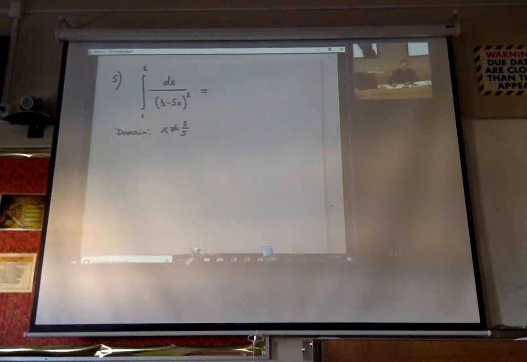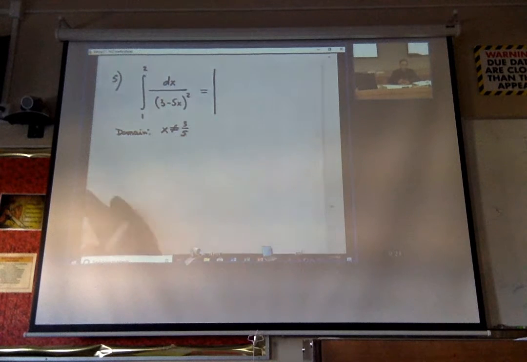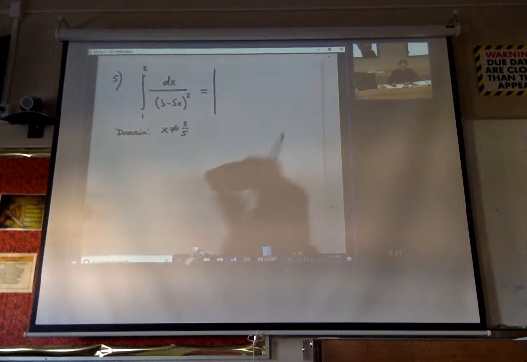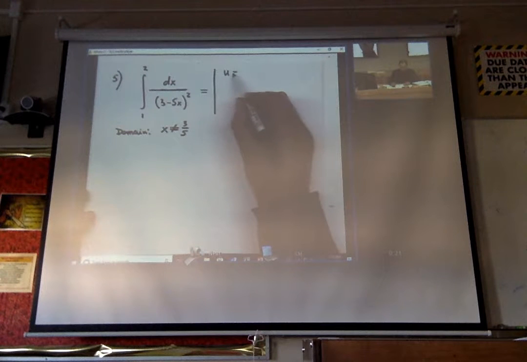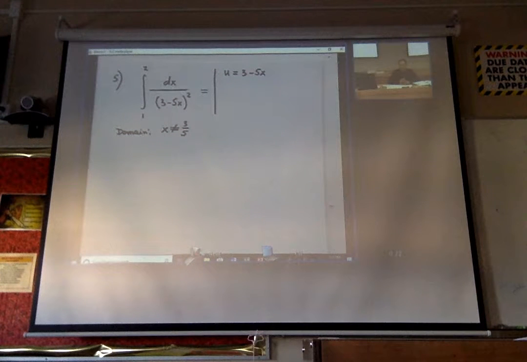So here I have to go with the substitution, and remember we are talking about composition. So my inner function most likely is the substitution. So what is my substitution here? 3 minus 5x. So u equals 3 minus 5x. Again, I said it yesterday, sometimes we can pick the wrong substitution.